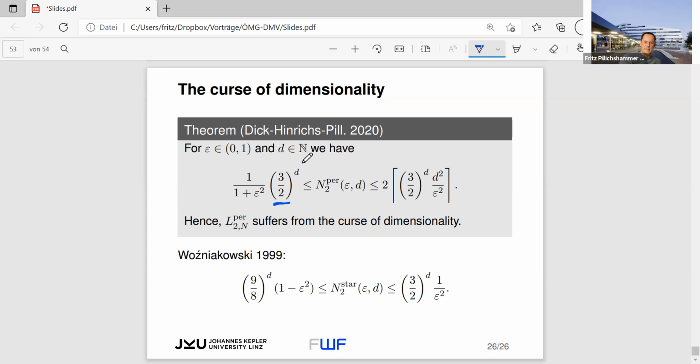Okay, that's the real reason here for this defect of the periodic L2 discrepancy. So with this short excursion to tractability theory, to information-based complexity, I would like to stop for today, and I thank you very much for your attention.